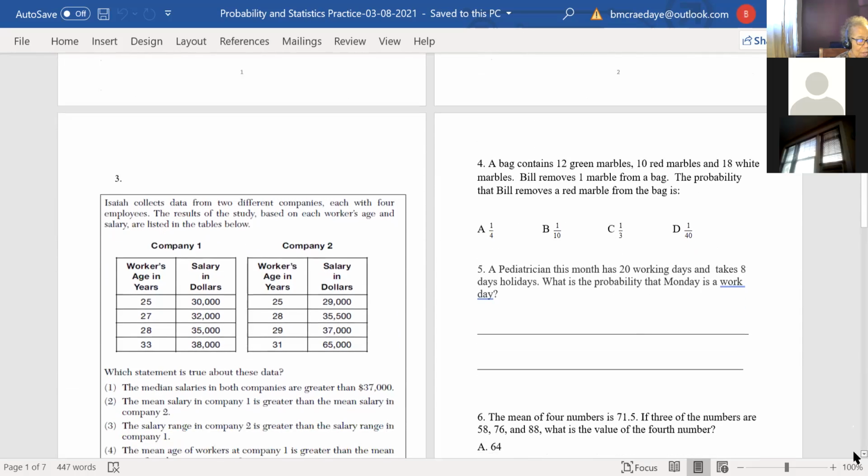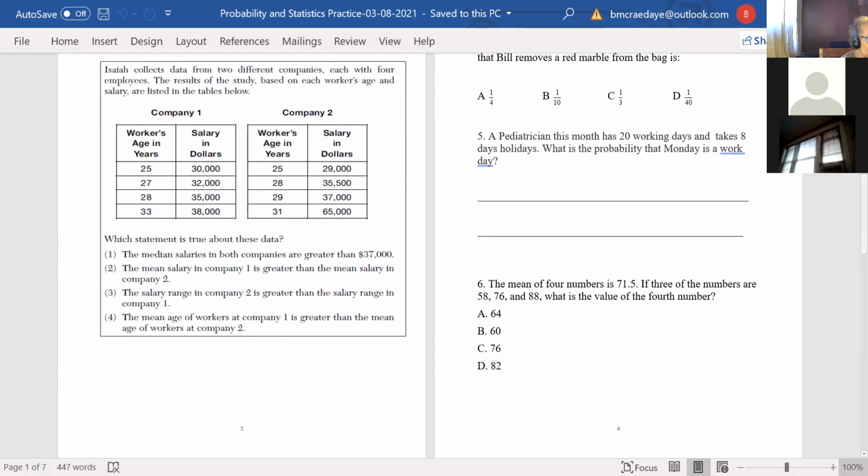Now let's go to number 3. Number 3, I'm going to let you figure it out. You have sets of data for 2 companies, and you define which of these is correct. The median salaries in both companies greater than 37,000. Look at your median here, and see if one is correct. Calculate your mean.